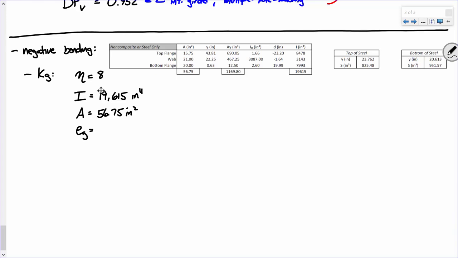What's the bottom flange thickness in that negative bending region, right there around the pier, that middle support on that beam? 1.25 inches, plus the web depth, which is 42 inches, plus the haunch, which is 2 inches, plus half the slab thickness. Not 8.5, 8, because remember we're using that structural slab thickness.